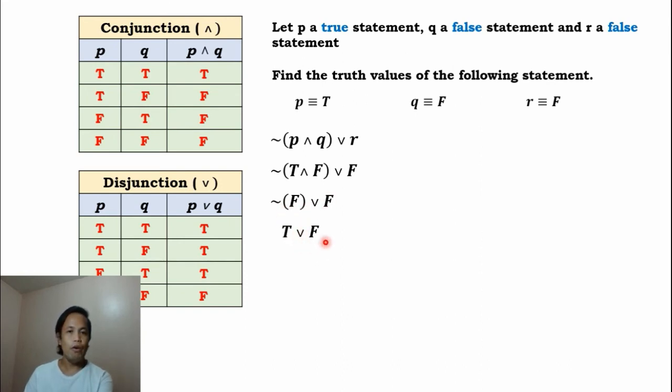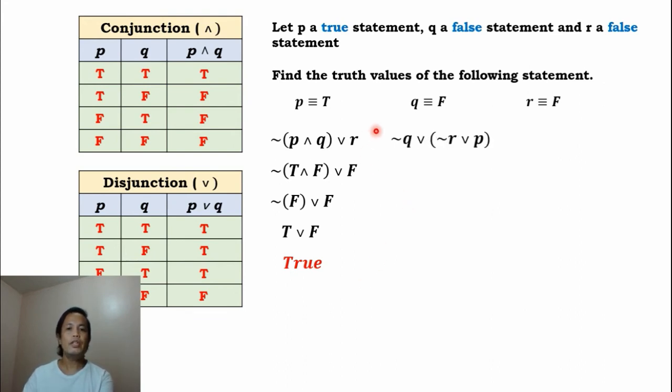Then we copy or false. Now, since this is or, this is a disjunction, so this falls under the second row. True or false is true. Therefore, the truth value for the given statement is true. Okay, let's proceed to the second example.